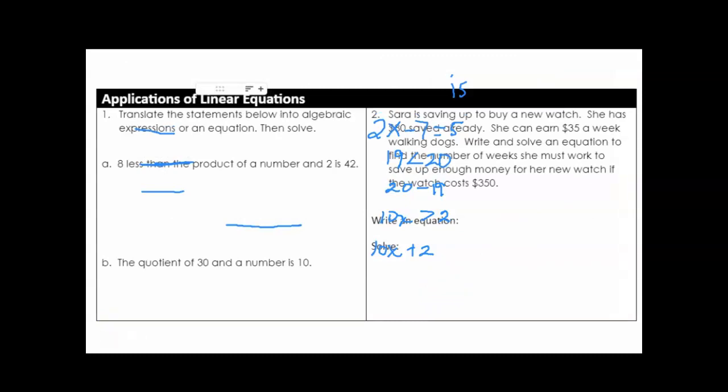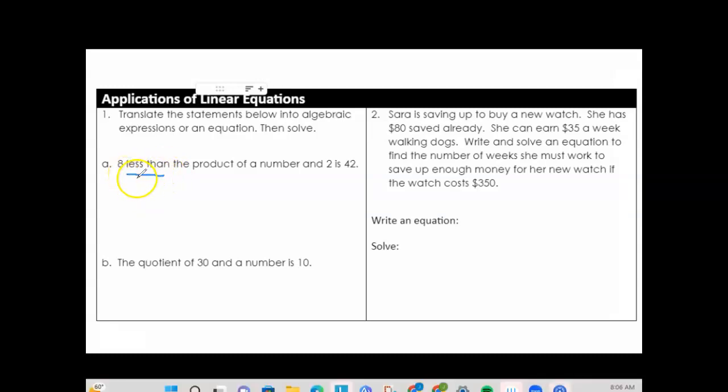All right, so let's keep going. 8 less than the product of a number and 2 is 42. So there's a less than, so that's going to be subtraction, but it's going to be backwards. And there's an is, so that's going to be an equal to.